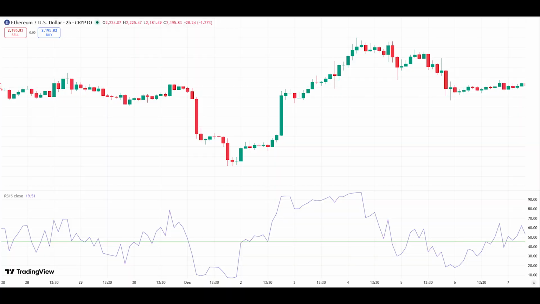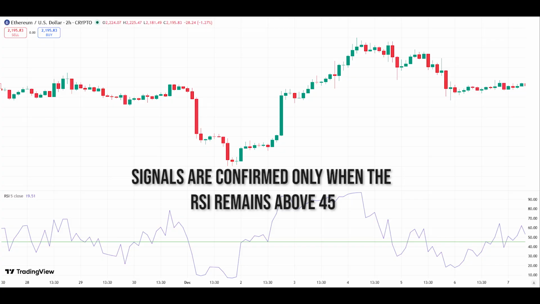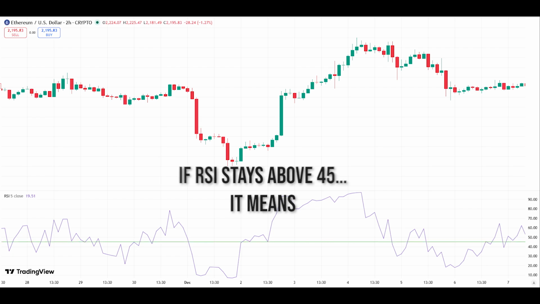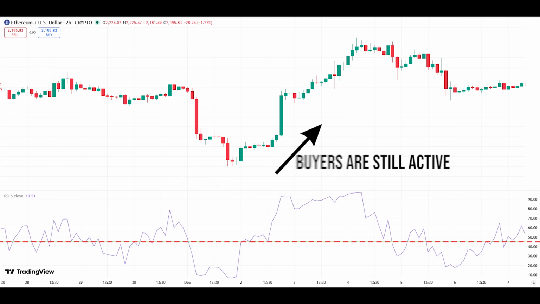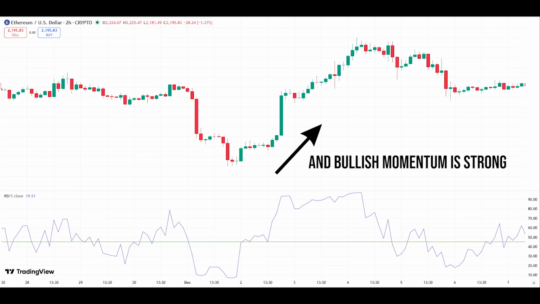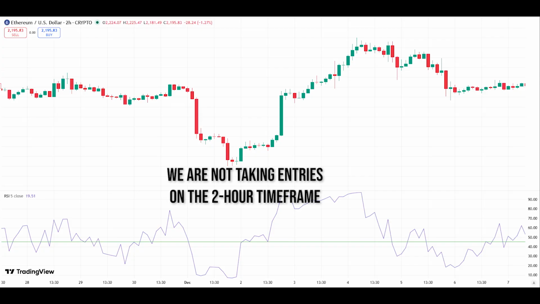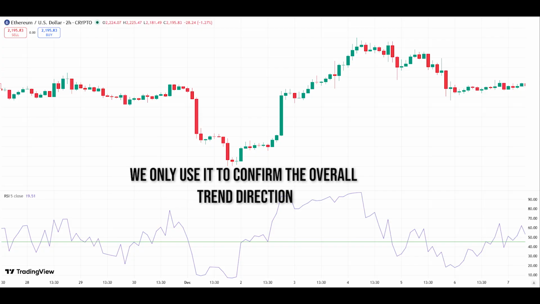In this strategy, we use an RSI length of 5, and signals are confirmed only when the RSI remains above 45. If RSI stays above 45, it means buyers are still active and bullish momentum is strong. This condition helps us avoid weak and sideways market conditions. But remember, we are not taking entries on the 2-hour time frame. We only use it to confirm the overall trend direction.